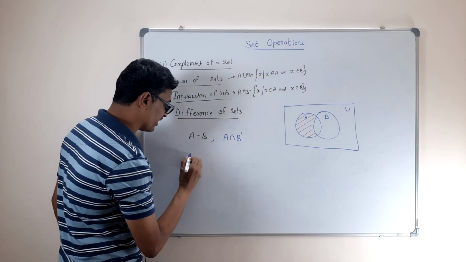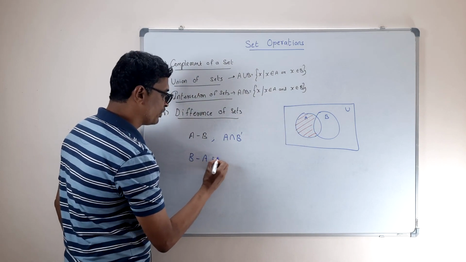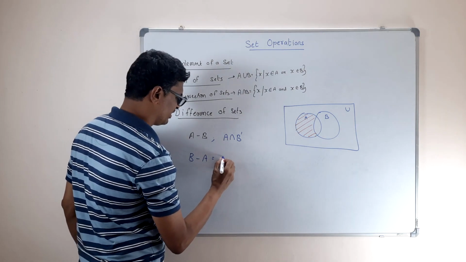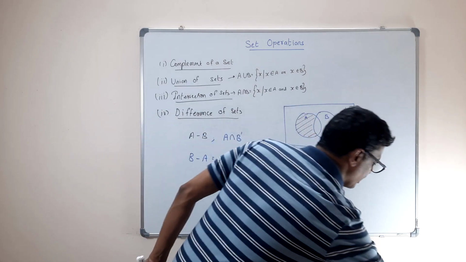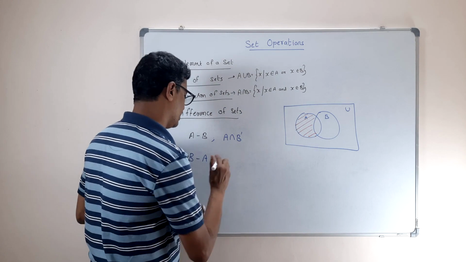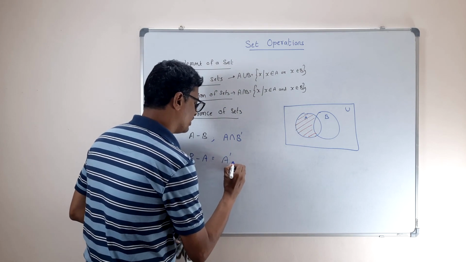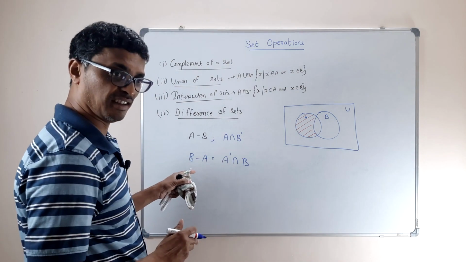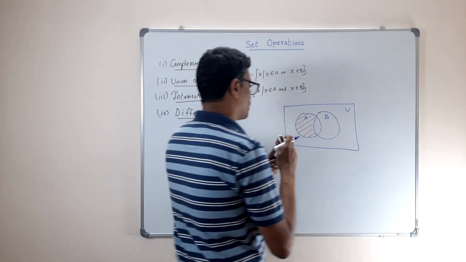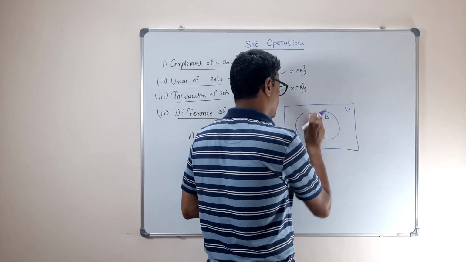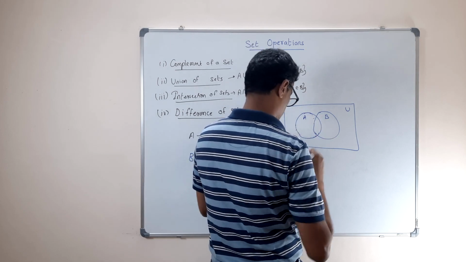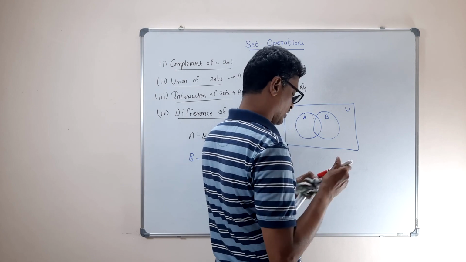B minus A will be equal to B intersection A complement. Am I right? Because B minus A will be this portion, this is A, so B minus A is here.